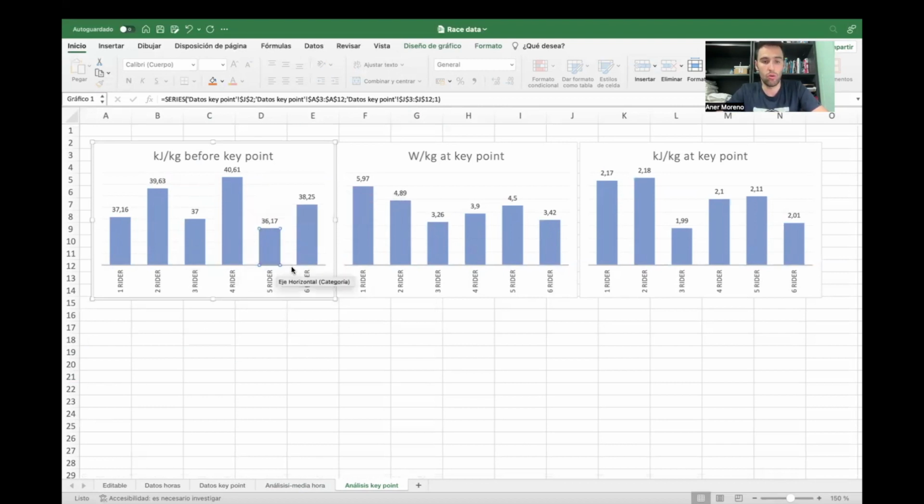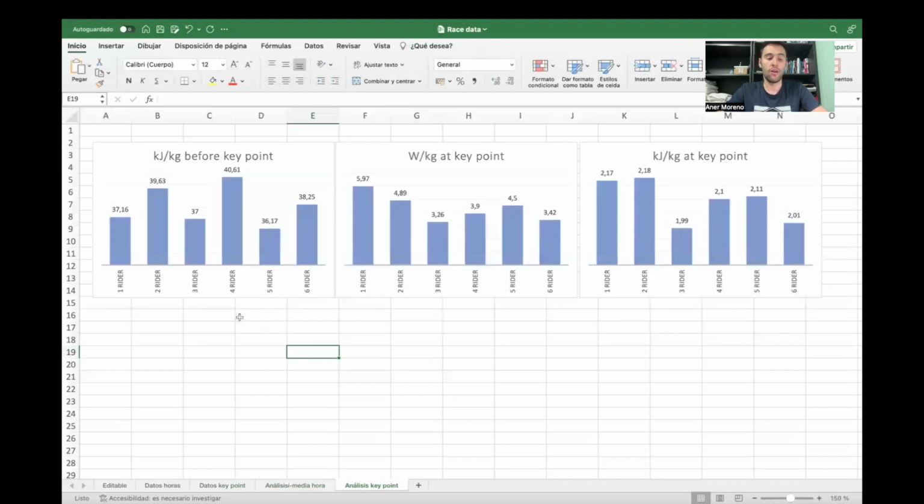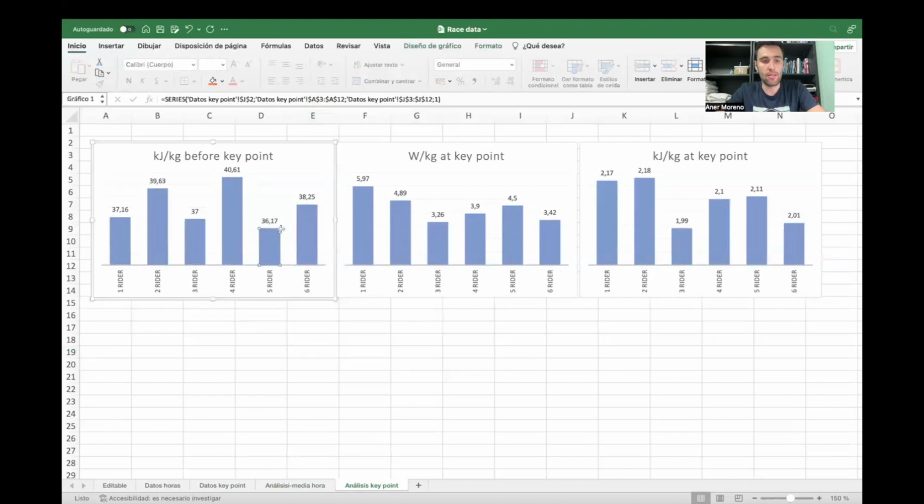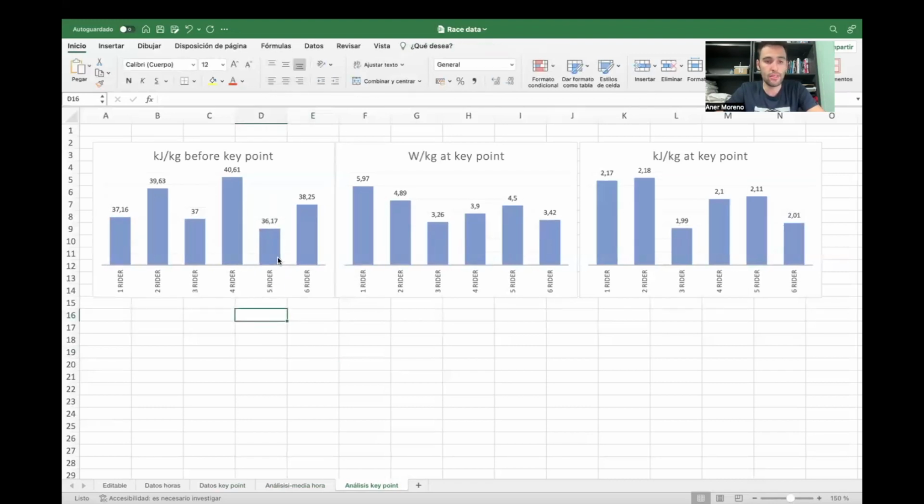But this is also why a performance manager or data analyst has to take this into account when analyzing all this data, because it is not normal that this rider spent less energy than the leader. Maybe he had a problem. I don't know because I was not at that race exactly, but I had to speak with the sport director about this curious data.